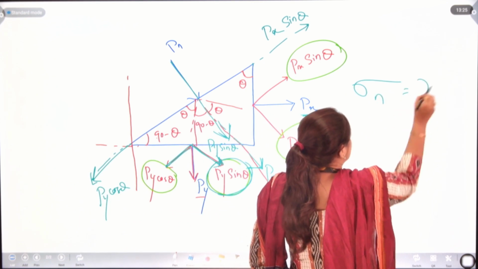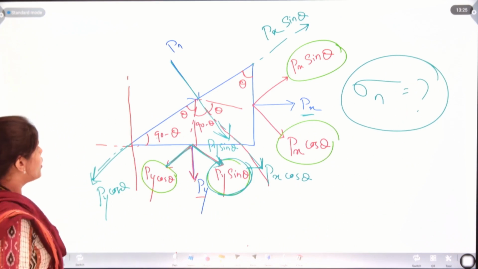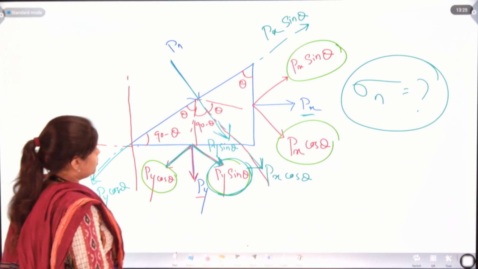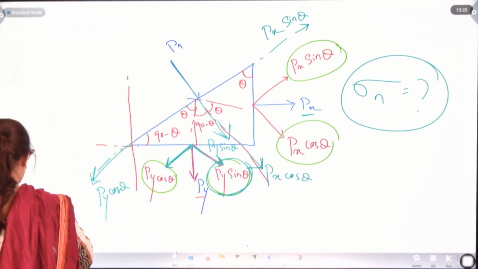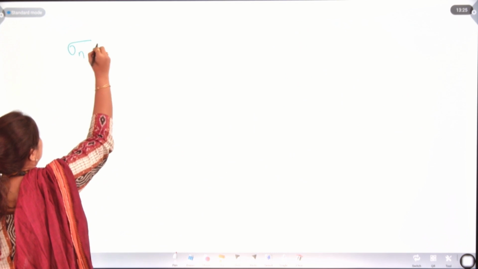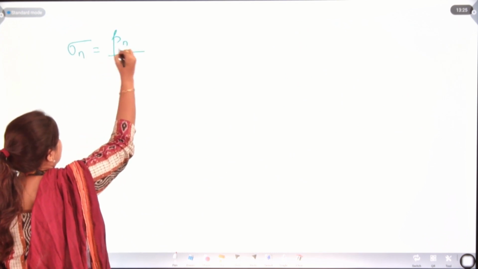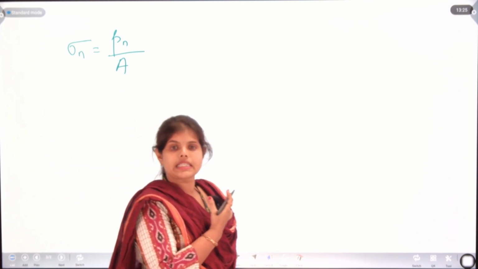Sigma n is equal to what? Our biggest question is to find out normal stress. So now we have all those components. To find out sigma n, we need Pn and area. Easily we can find out these things.